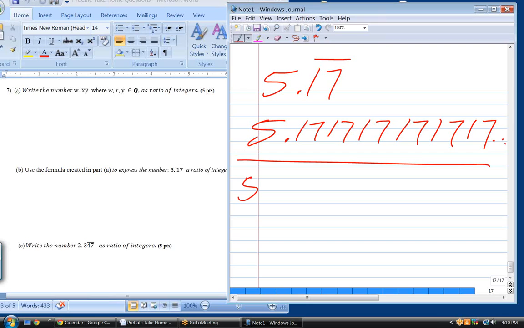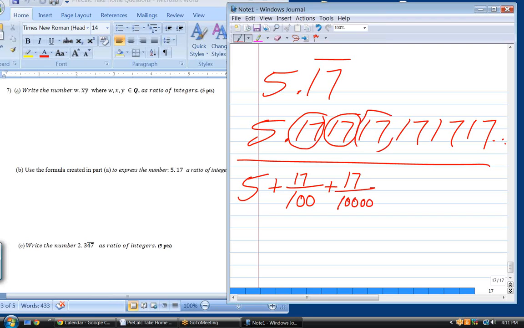It would be 5 plus 17 over 100 plus, in other words, that covers that. And then this part is 17 over, not 1,000, but 10,000. Got to add 2 zeros.